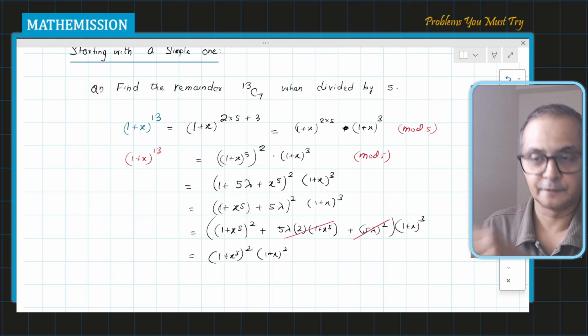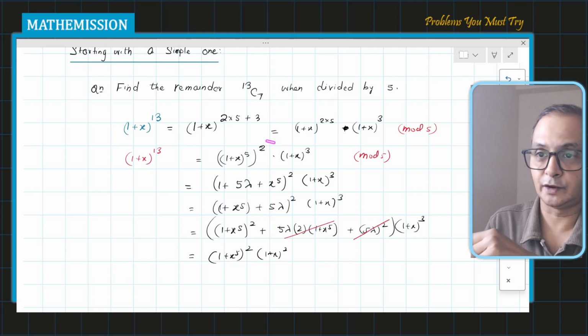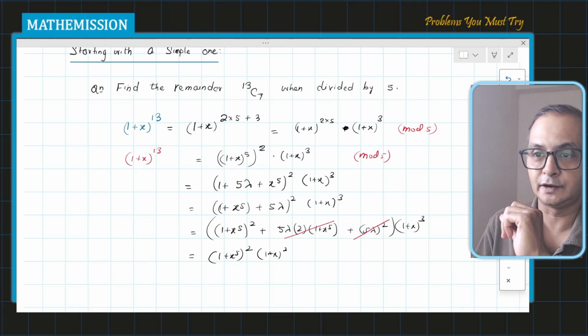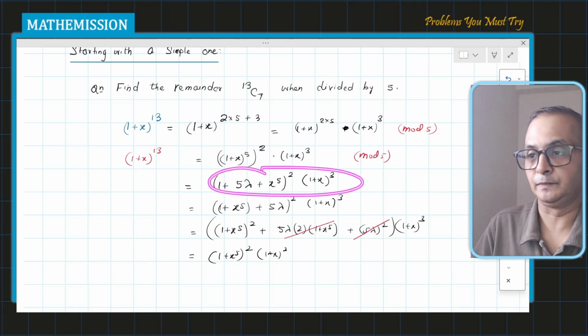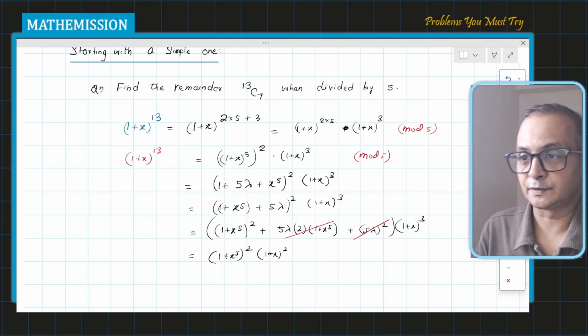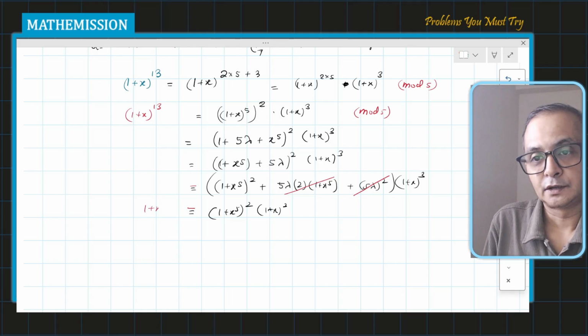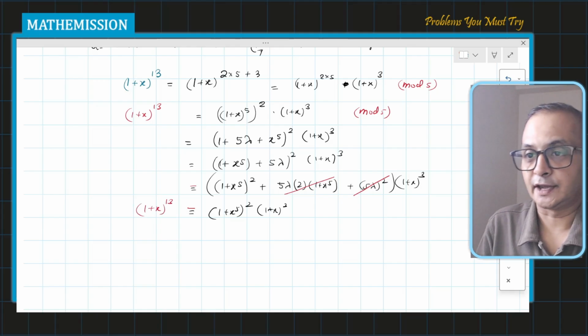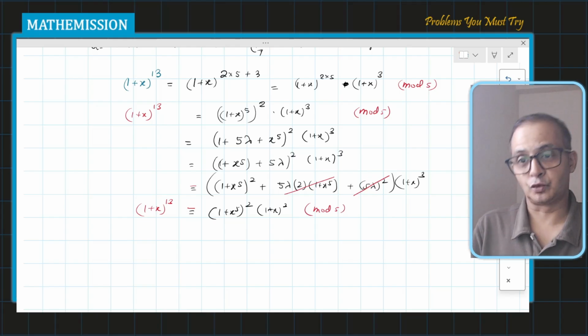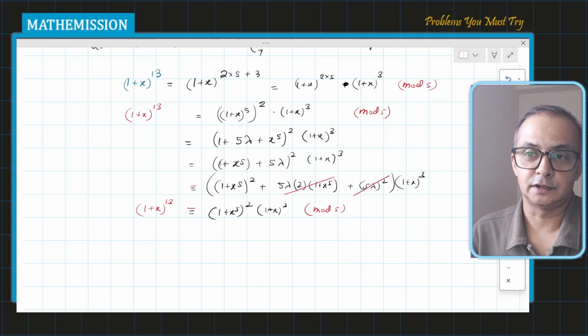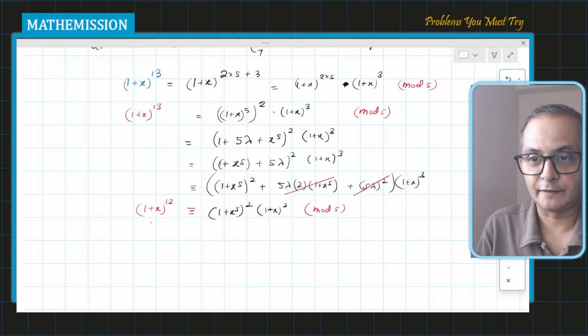It is equivalent to looking for the remainder when you are dividing this quantity by 5, or equivalently this quantity by 5, and so on. You can notice that these terms are already multiples of 5, so I have the equivalent thing, this is mod 5 again. It simplifies to what? If I'm looking for x to the power 7, it means I have the coefficient here 13c7.